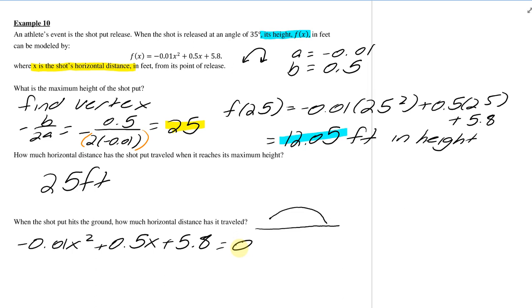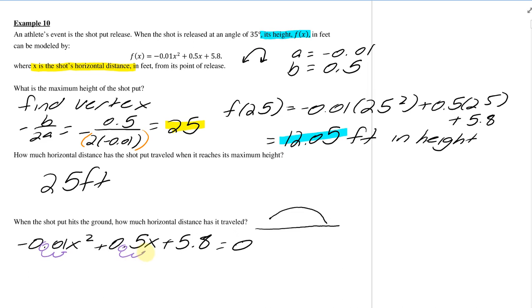Let's see what we can actually do. I could try clearing the decimals out of this, and maybe that will make it nicer to look at. You could either just plow ahead with the quadratic formula, or you could try clearing the decimals. Let's just play around with this for a moment.